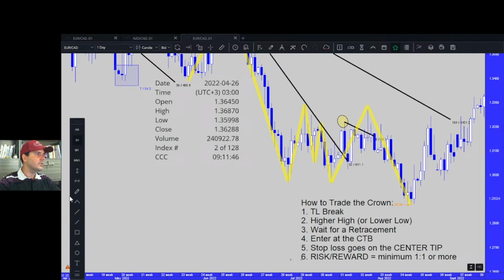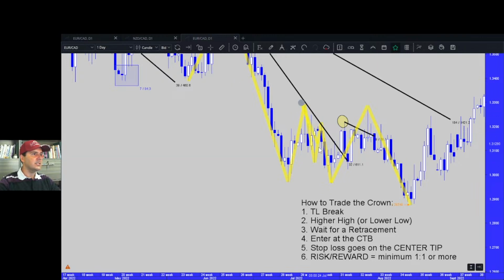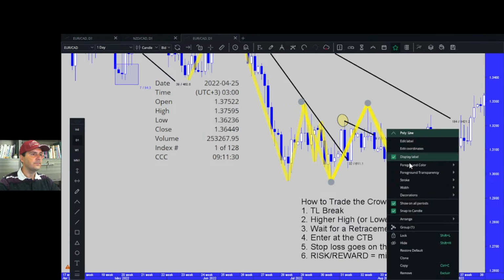Now talking about the big one: this was the smaller one, but now I'm looking at this high and this low and this left tip, and the center tip just made a lower low. Agreed?